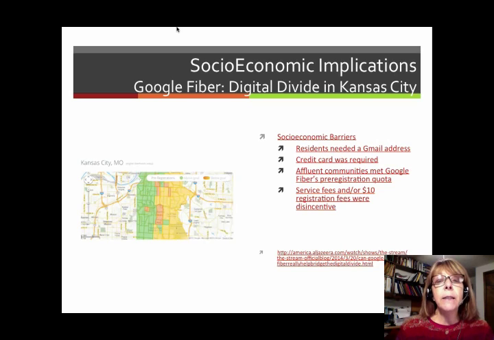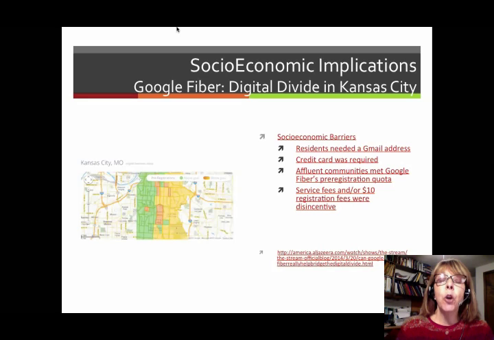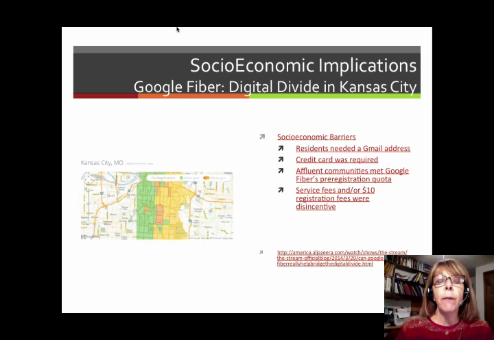But in Kansas City, there were socioeconomic barriers. Google said they would bring in internet service at 3 different tiers of levels, one being free for 7 years, as long as they had a pre-registration quota of people who would be interested in that.